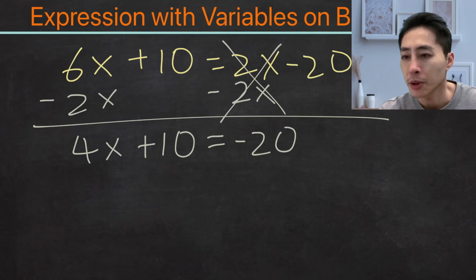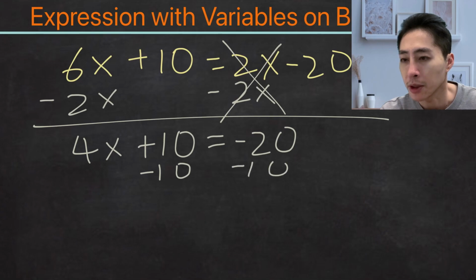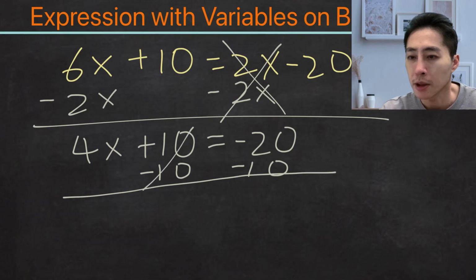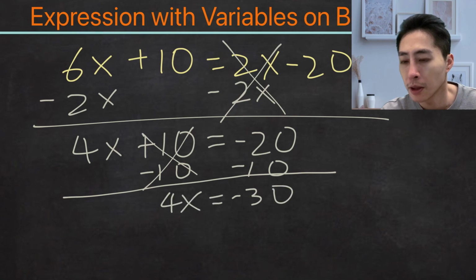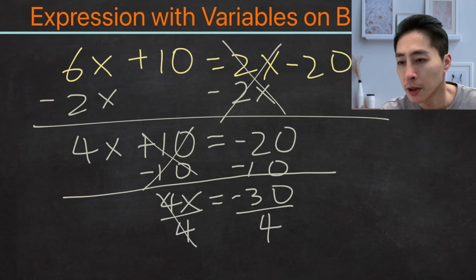Now we're going to move the numbers to the right. So we're going to minus 10 here, and then minus 10 here. And this crosses out. Negative 20 minus 10 is negative 30. And then we have 4x here. And last step would be to divide by 4.